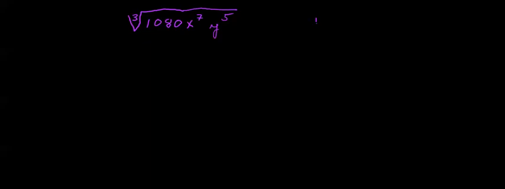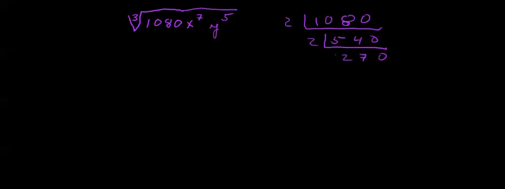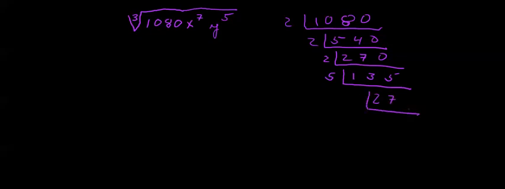So I'm going to start off with 1080. As long as the number is even, divide by 2. 540, 270, 135, no longer even, but I end on a 5. 5 goes into there, 27. 3, 9, 3, and 3.